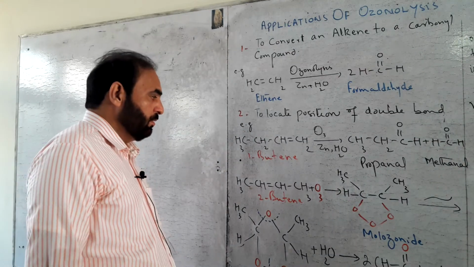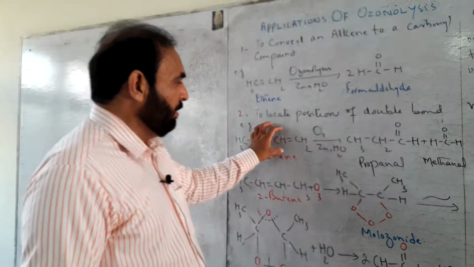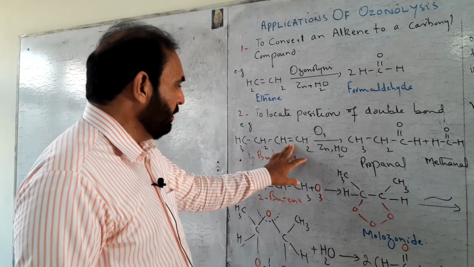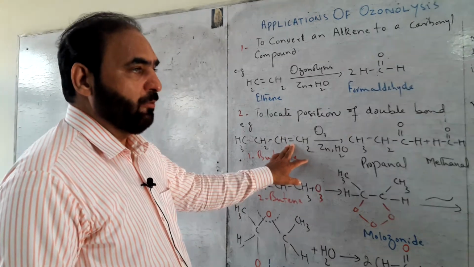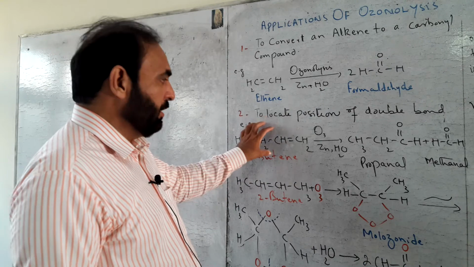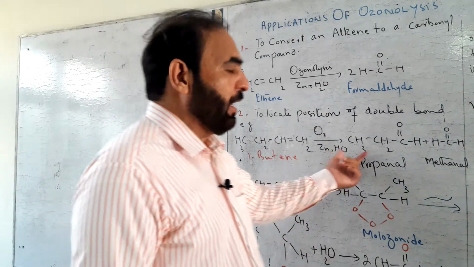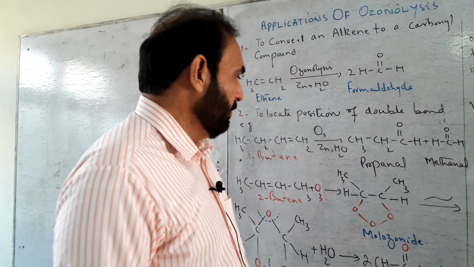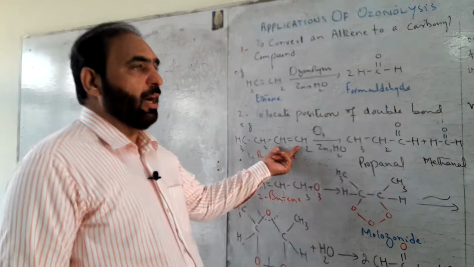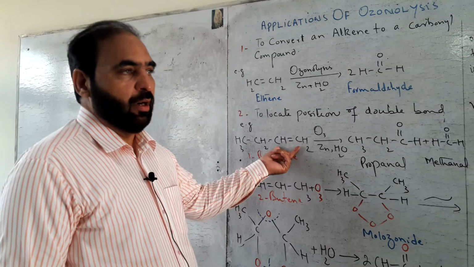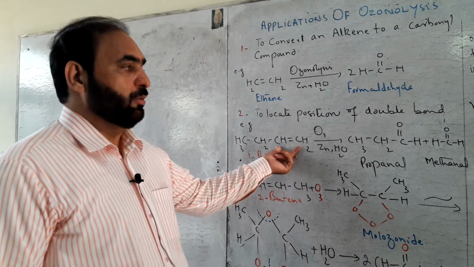For example, if we have a butene in which double bond is present at position number 1 and we pass it through ozonolysis, we will get a mixture of two aldehydes. Both the carbons which are making double bond are changed to carbonyl carbon.